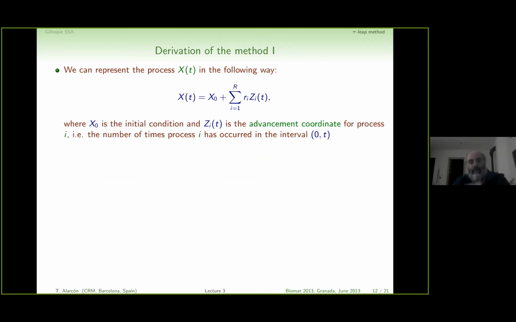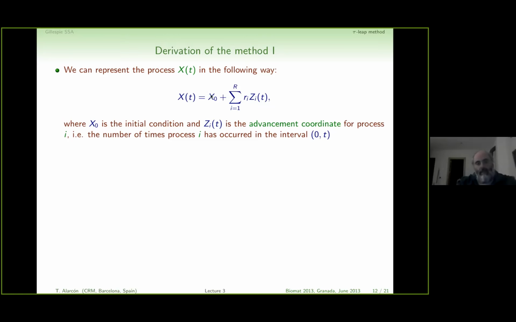So the first step in the derivation of the tau-leap method is rewriting or representing the stochastic process in this way. This is actually equivalent to the master equation in the following sense. Here we have x at time t.